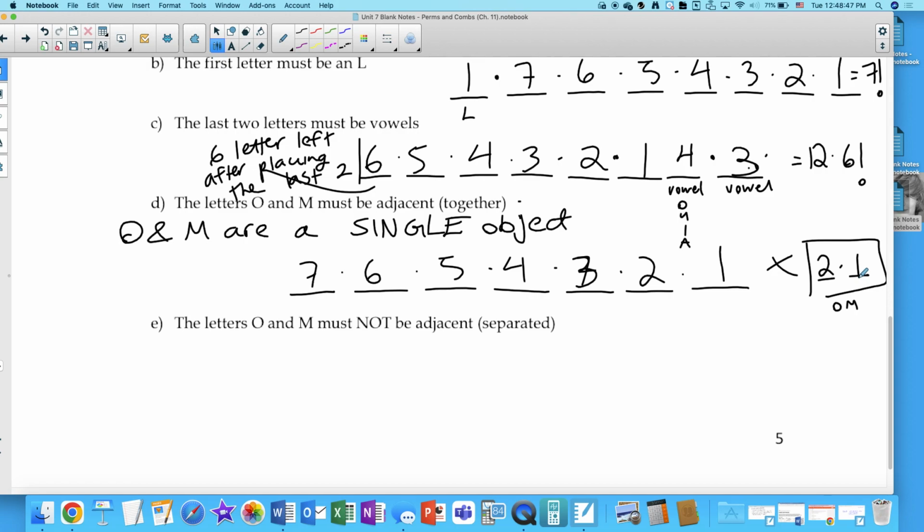This type of question is called a group within a group question. And in general, what you want to do is treat the group as a single object.